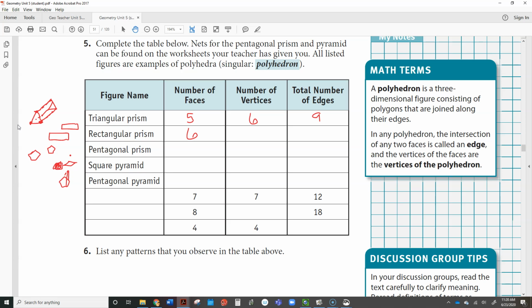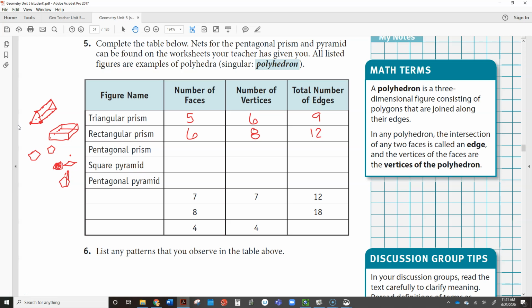So 1, 2, 3, 4. And then the total number of edges. So I have an edge 1, 2, 3, 4, 5, 6, 7, 8, 9, 10, 11, 12.